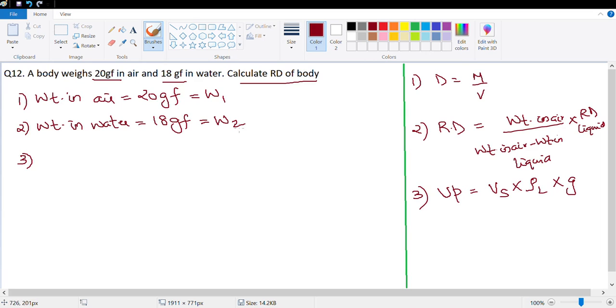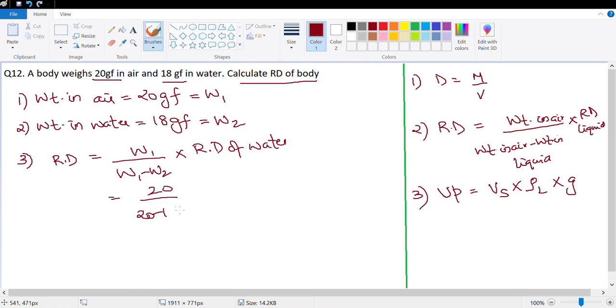We know RD would be equal to W1 upon W1 minus W2 multiplied with RD of water. So in this case, this would be 20 upon 20 minus 18 into 1, which is 20 upon 2, which is equal to 10. Therefore, relative density of this body is 10.